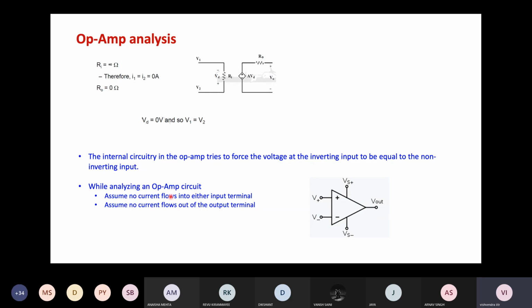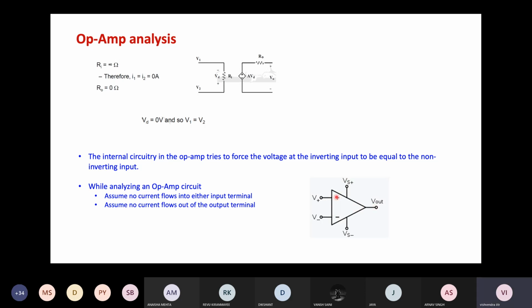But please, if you need to remember anything about the op-amp, remember these 3 points. That in an ideal op-amp, there is no difference between the voltage at the positive terminal and the negative terminal. Between these two terminals, the voltage always remains the same. And no current goes inside the triangle, no current comes outside the triangle.